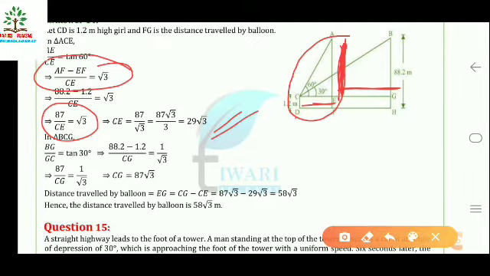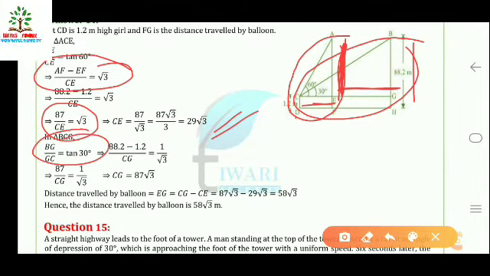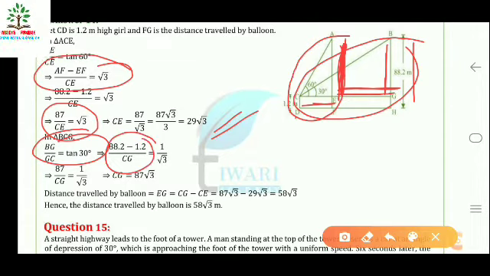Now in triangle BCG, we again have the perpendicular and the base. The perpendicular is known to us, so we have BG over CG. BG is this much and CG is this much. Putting the values again, 88.2 minus 1.2 over CG is equal to 1 over root 3, as 1 over root 3 is the value of tan 30.